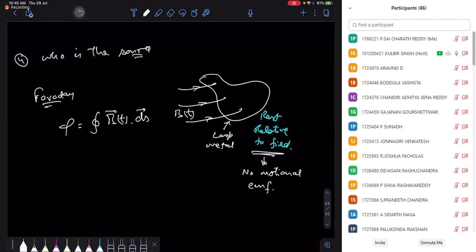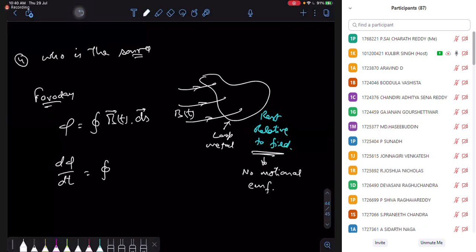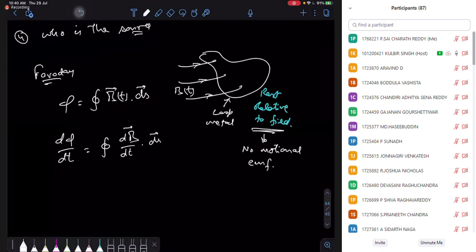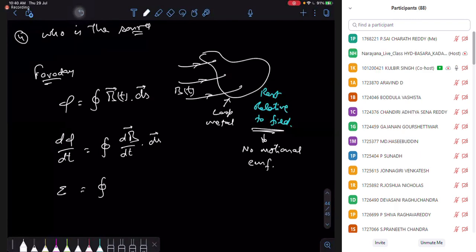So this flux change, d phi by dt, has changed something. There is a change in the magnetic field, and because of this time variation of the magnetic field, there is a flux change, and this flux change has created my EMF.